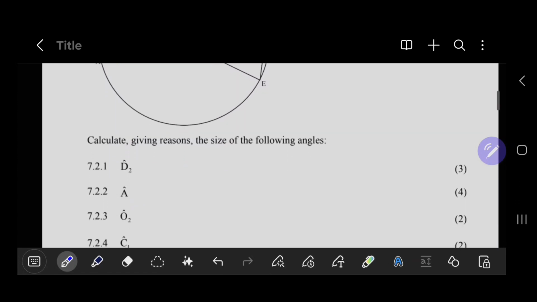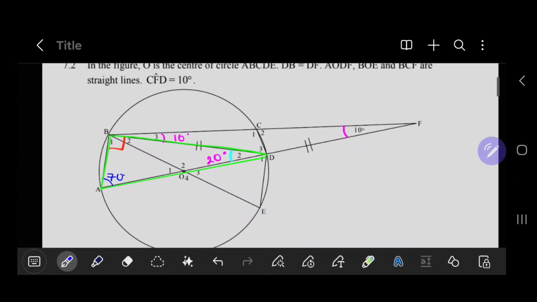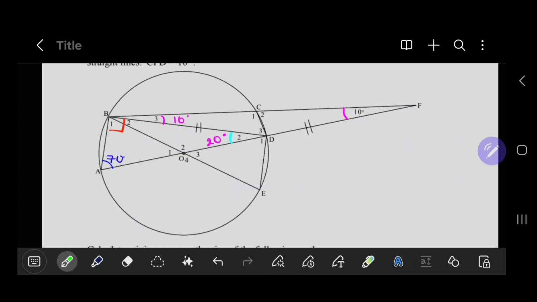Now, moving on to 7.2.3, we need to get angle O2. So here is what you're going to notice about angle O2. Angle O2 is at the center. Angle O2 is subtended by point B and point D. So notice B and D subtend angle O2 at the center. B and D also subtend angle A at the circumference.